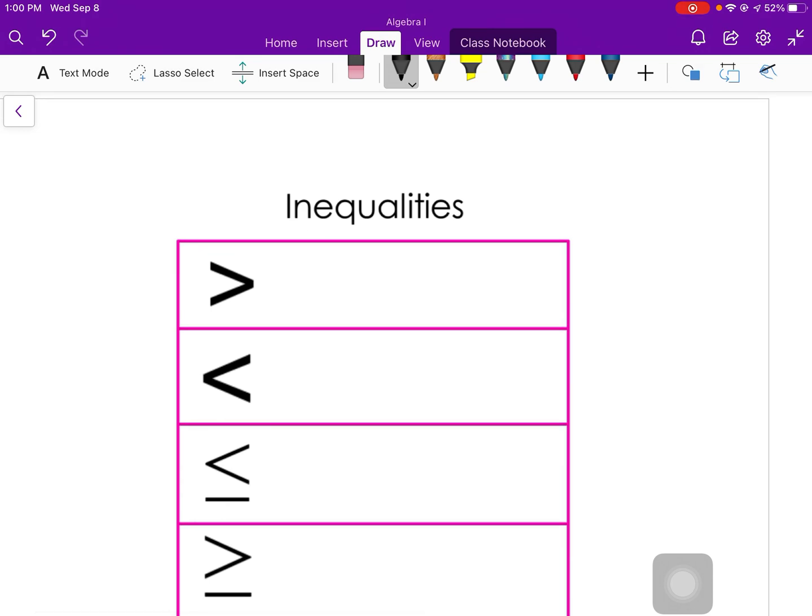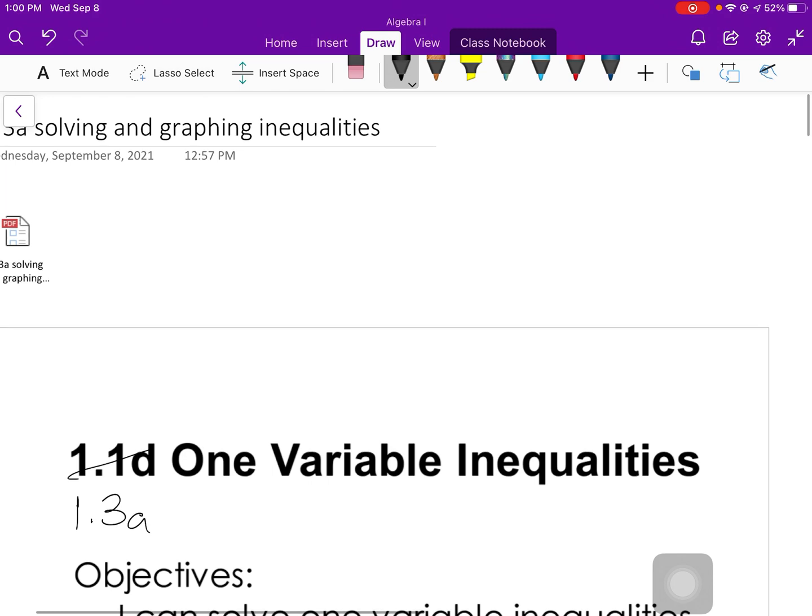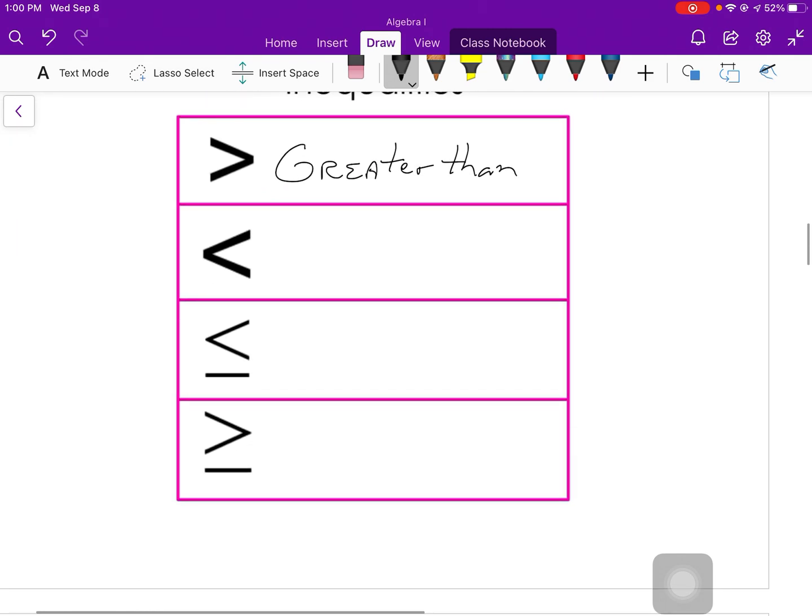So we have inequalities. If I were reading this from left to right, this would be greater than. Next one would be less than. Now, the only difference between the first one and the third one is that they throw a line underneath it. Or I should say the second and the third one.